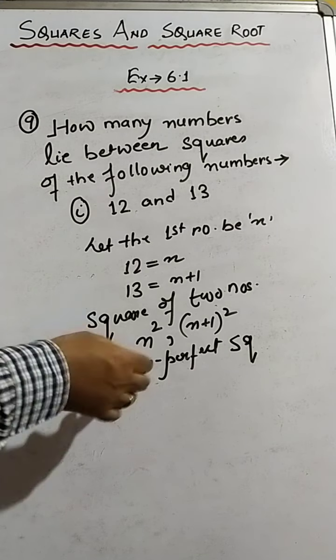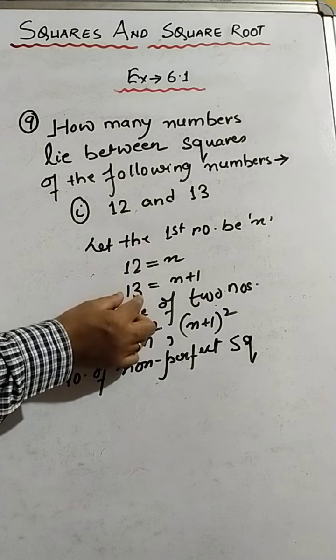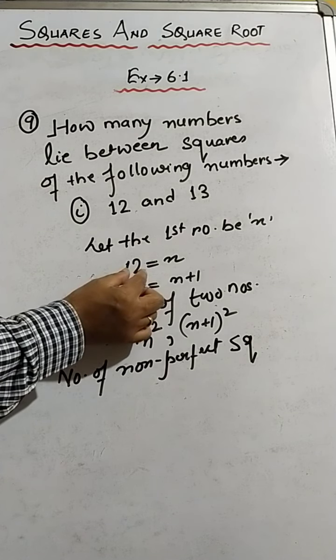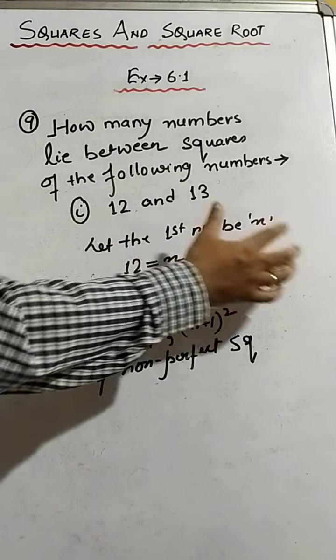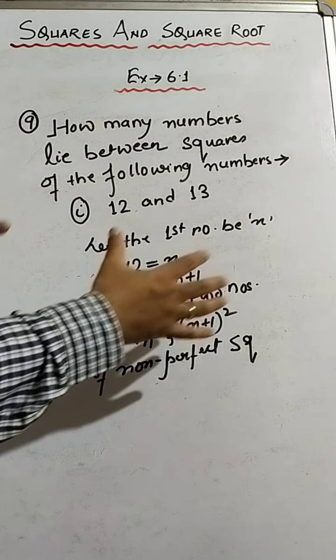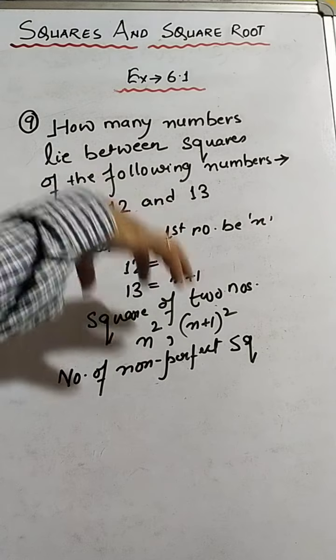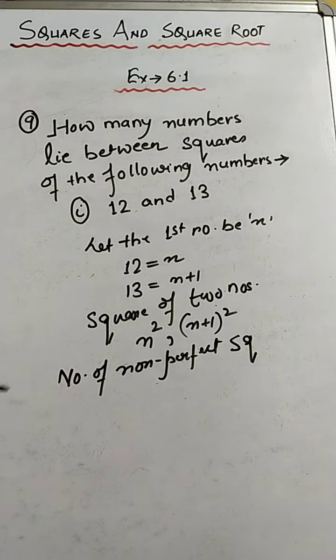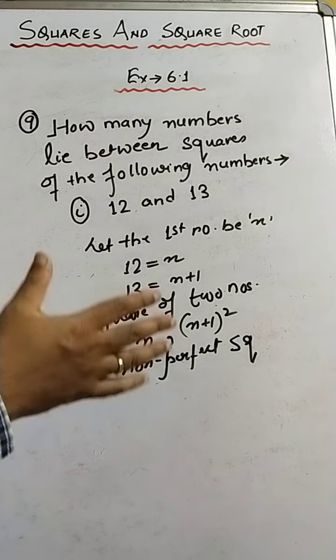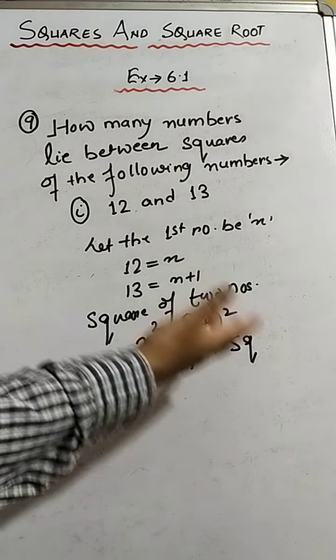Because as you have observed, these are the two numbers which are perfect squares, fine. So perfect square means 12 square is what? 144. 13 square was what? 169. So those were the perfect square numbers. So how many non-perfect squares would be in between these two perfect square numbers? No other number is a perfect square between 144 and 169.